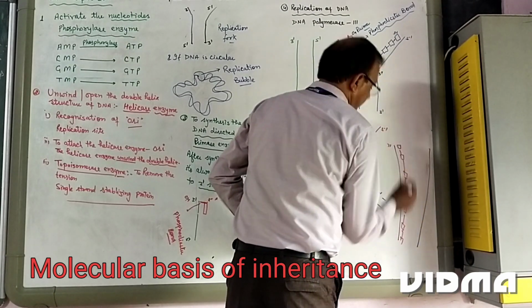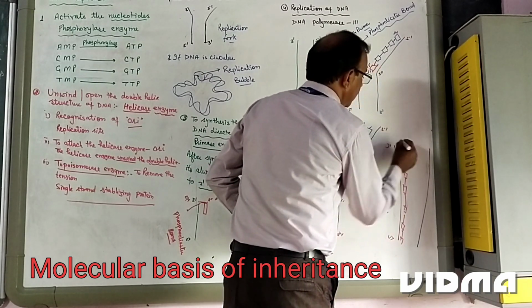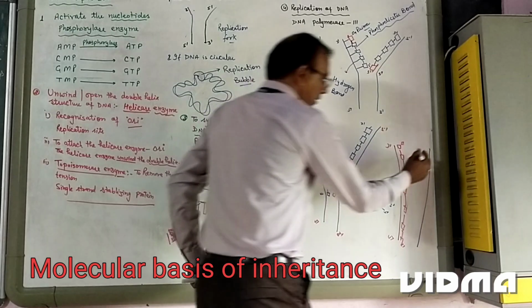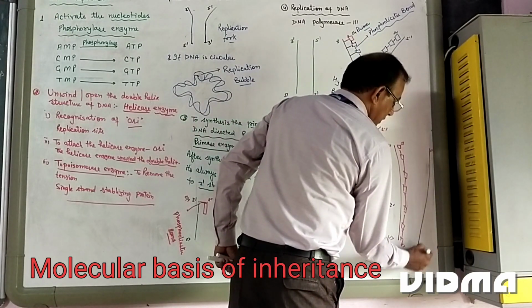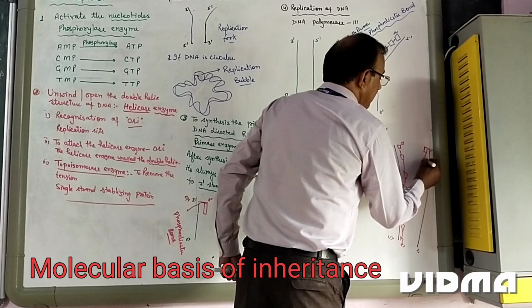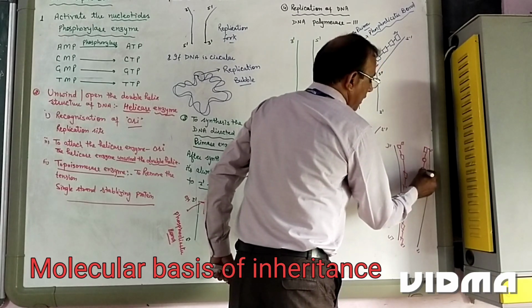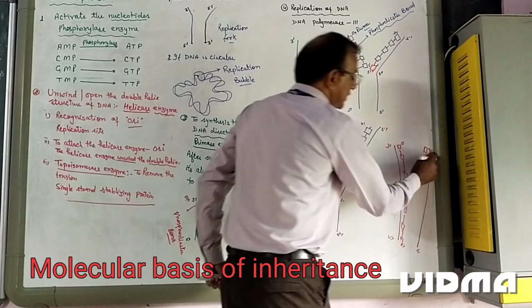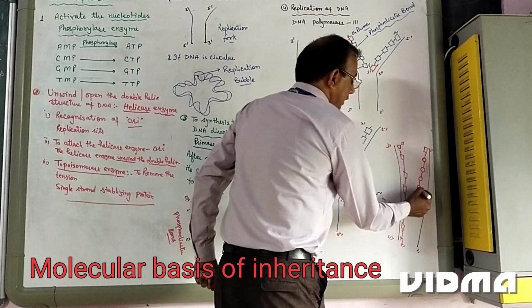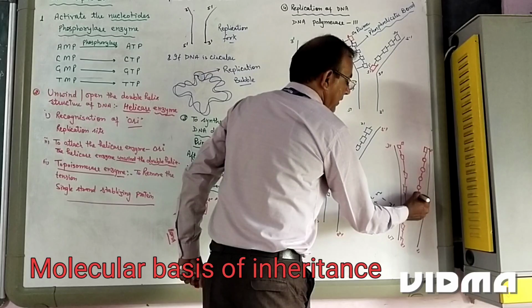This is 3 prime to 5 prime, and this one is 5 prime to 3 prime. But when we open this one, 5 prime to 3 prime, a primer is already required. After the primer, we will separate some more, because these are the nucleotides. Another primer is required.